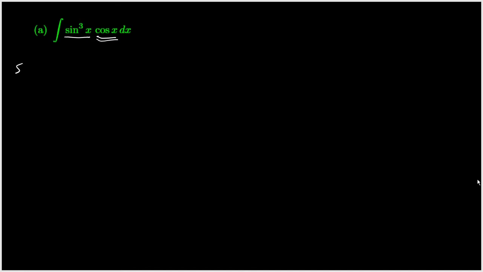Now the solution. I told you how to choose u already, right? We let u be sine of x. In most cases, do not make u too complicated. It's always the same.